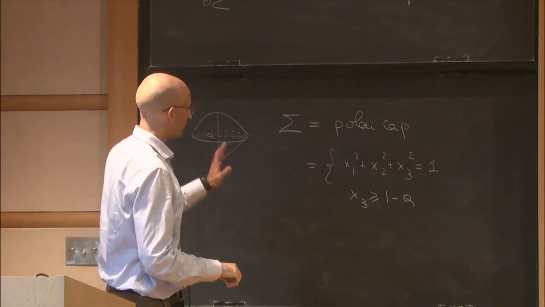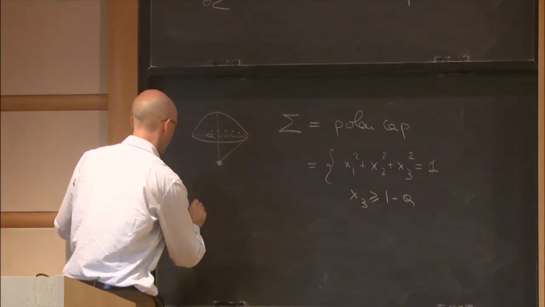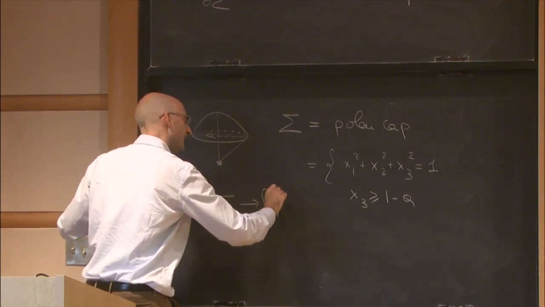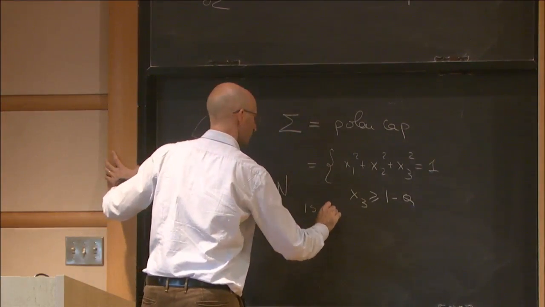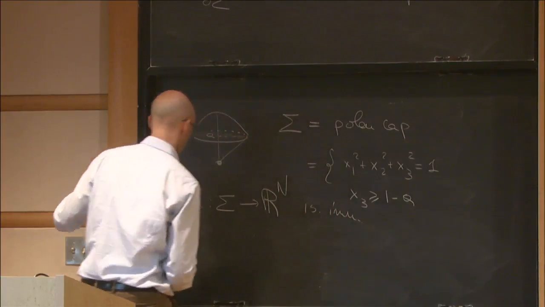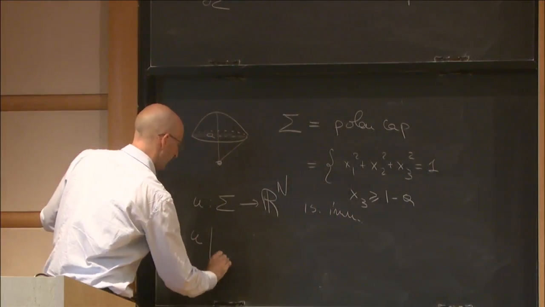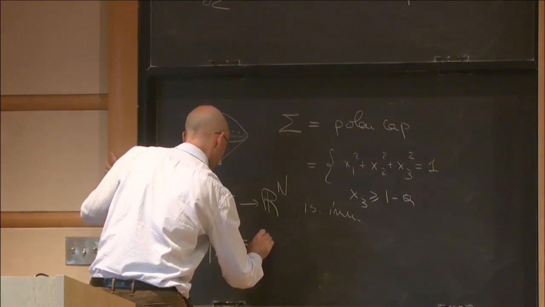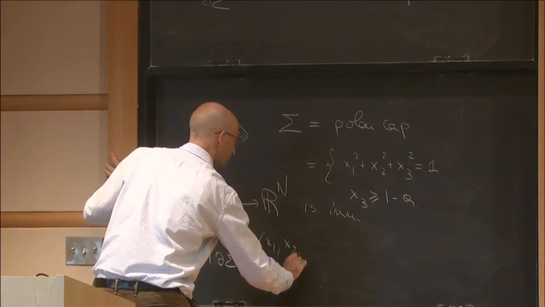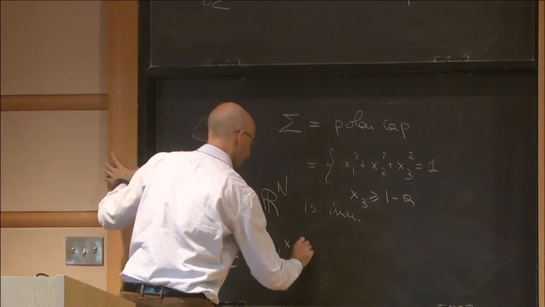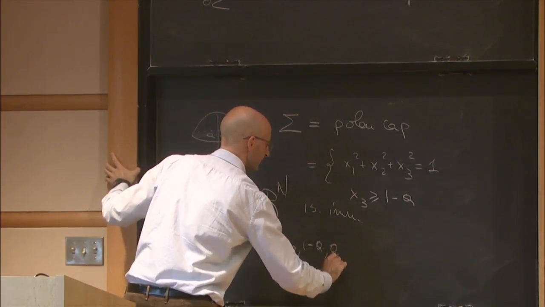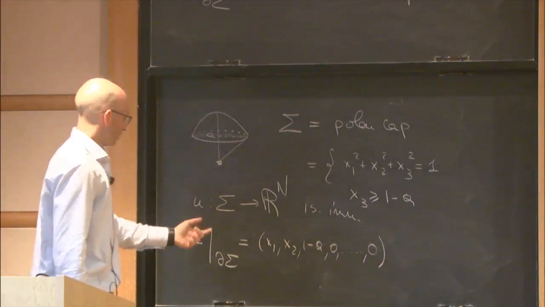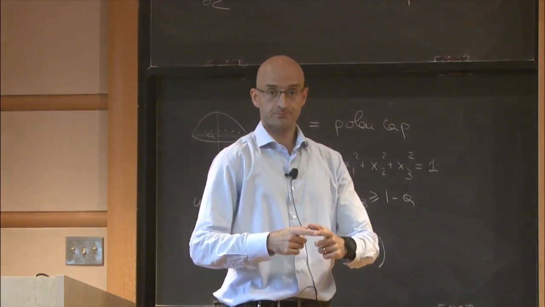OK, and now let us look at isometric embeddings. Let us simply say U has to go from sigma into R3 or even Rn. So this has to be an isometric immersion or embedding, but U at the boundary of sigma has to be exactly this map. So it has to be, say, x1, x2, and then for one coordinate it has to be 1 minus a, and let's say the others are all 0. OK? So now your boundary data is smooth.